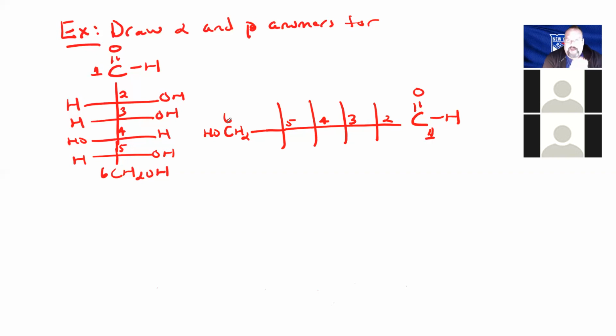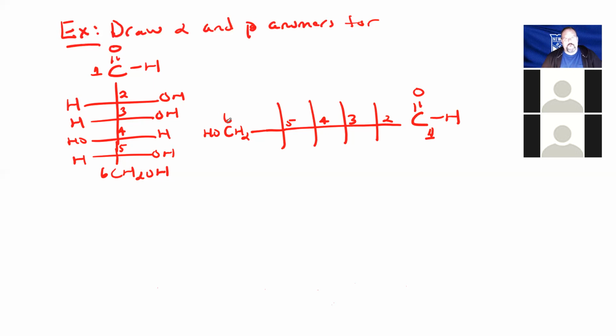The key thing about this step is the locations of the OH and H on the chiral carbons. The reason this is so important is that if you think about the different aldohexoses, which include glucose, galactose, mannose, this compound here, which I believe is gulose, and others as well, what's the difference between them?